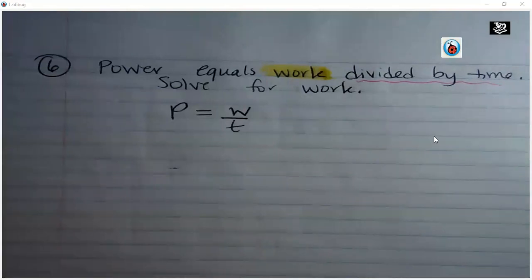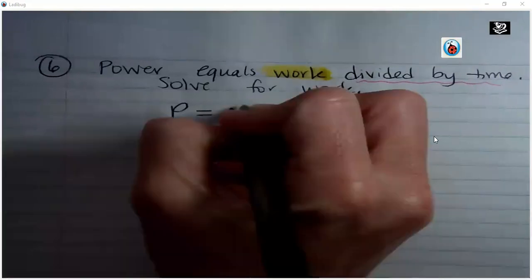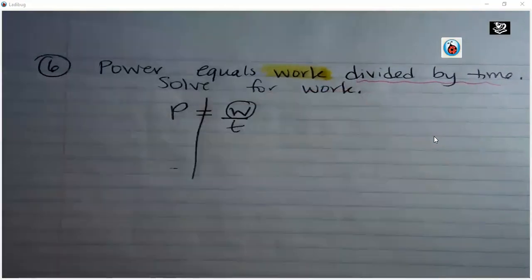Now I'm going to solve for W. Okay, now I'm going to solve for work. So I'm going to circle that and draw my line. Okay. Brian, what letter needs to move? Brian, we didn't hear anything.